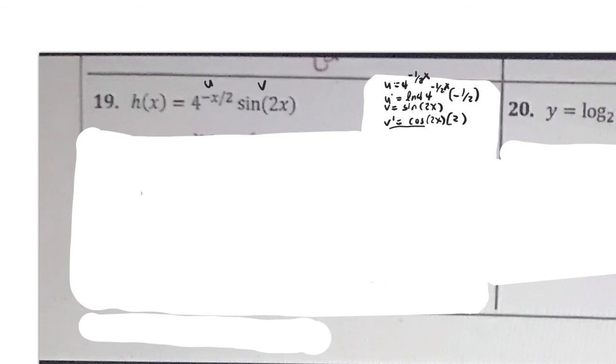Okay, so at this point we can keep in mind that the product rule says that it's going to be u prime times v plus u times v prime. So let's go ahead and work that out. We have h prime of x is going to be u prime times v. So u prime is negative 1/2 ln of 4 times 4 to the negative 1/2 x.